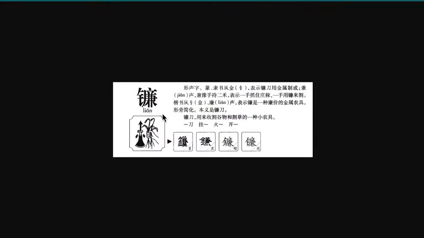Let's take a look at the character. This one on the right hand side is the character of jian. If you look at this jian, you can see that it looks like a hand grabbing two crops.